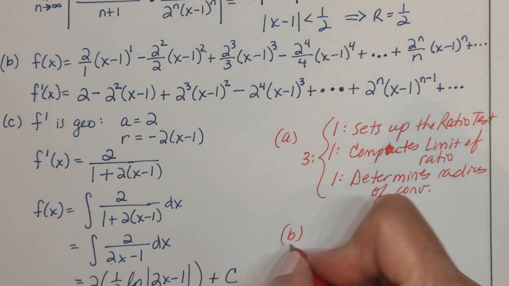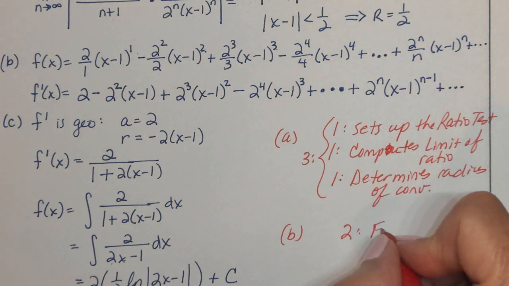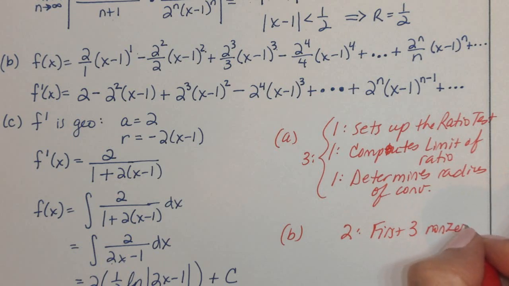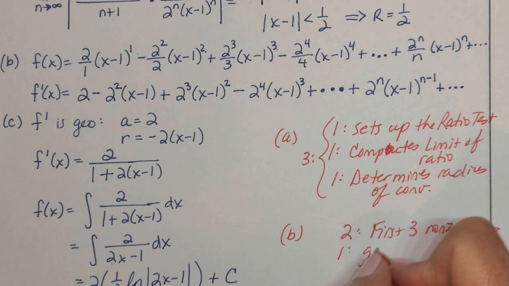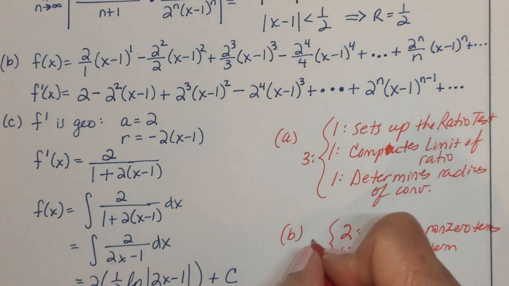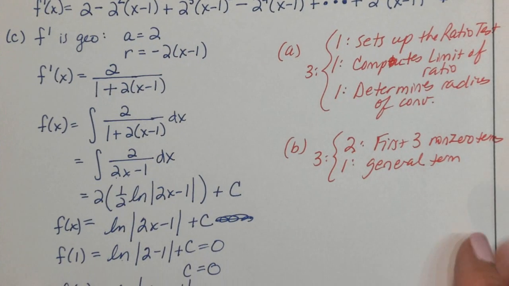Part B, 2 points for the first 3 non-zero terms, and 1 point for the general term. I'm sure they split up those two there, but I don't know how they split it up that year.